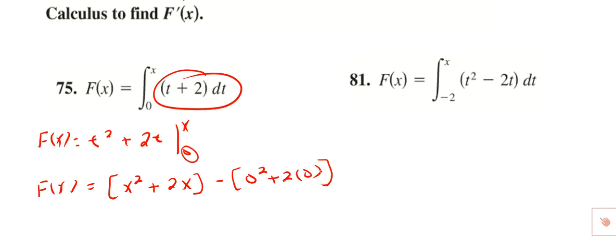And you see that evaluating it at the lower limit will give us 0. So now we have the antiderivative is equal to x squared plus 2x.